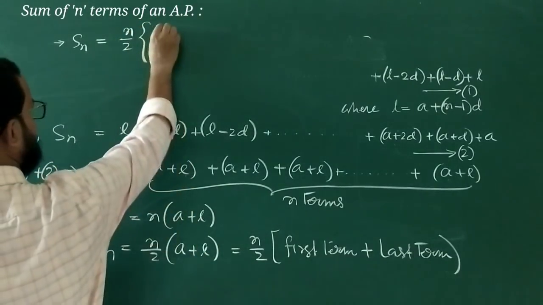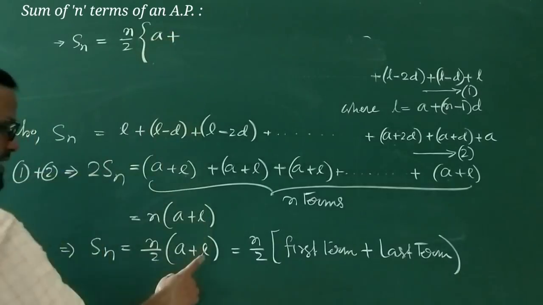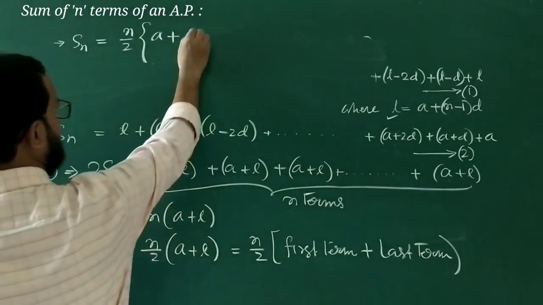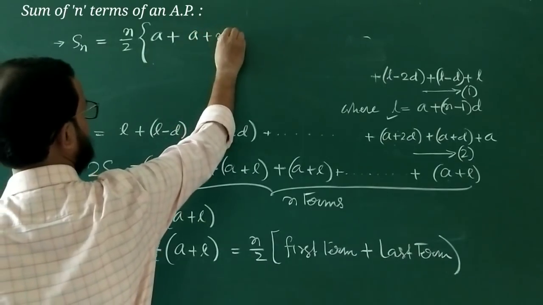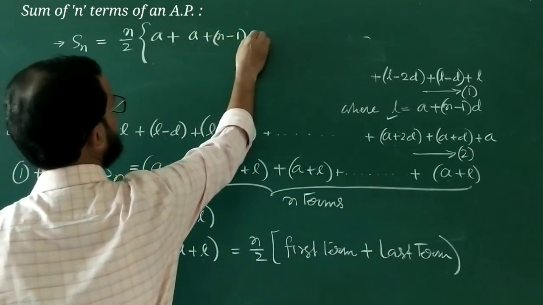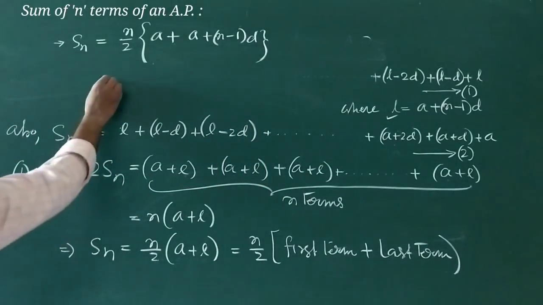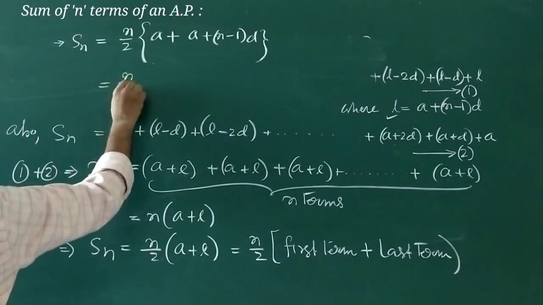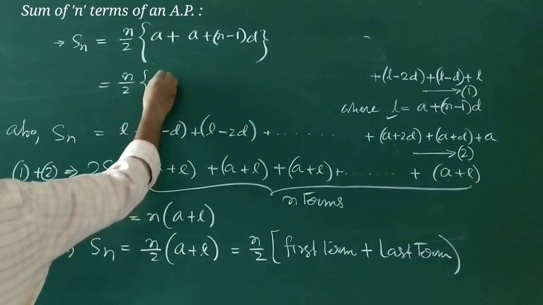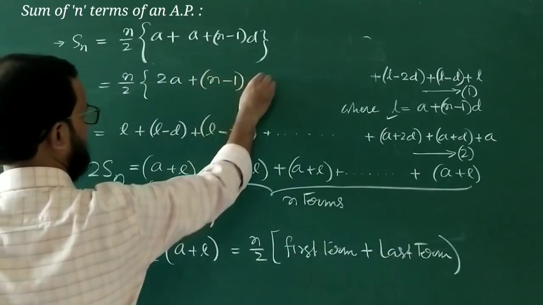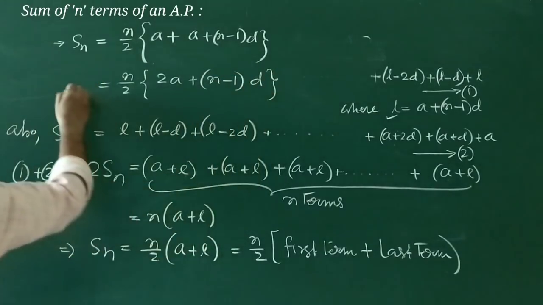A is the first term, and L can be replaced by this term, A plus (n minus 1) into D. Yes or no? And from here you can write it is equal to n by 2, so expanding, it will be 2A plus (n minus 1) into D. So this is your Sn.